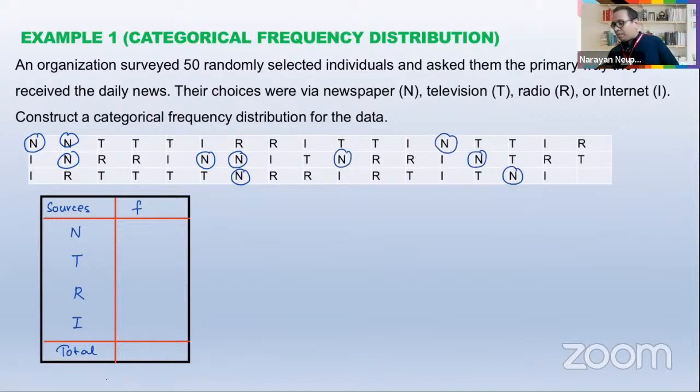Right? I got 10 of them. So I'll write 10 there. So you have to count and then write the frequency. So newspaper, we got 10, right? Now, similarly, count the remaining, count the television, radio, internet, and complete that table, please.